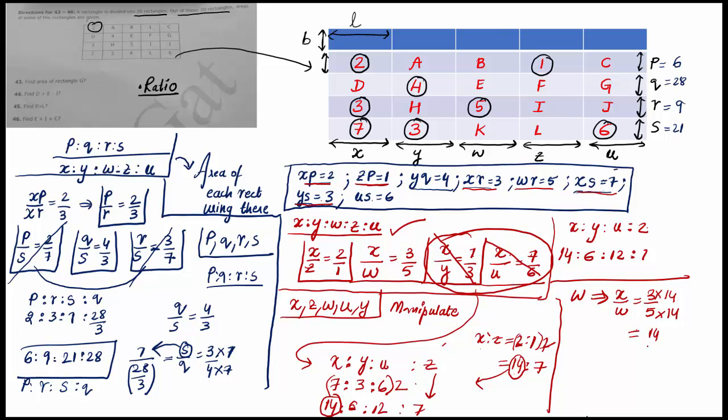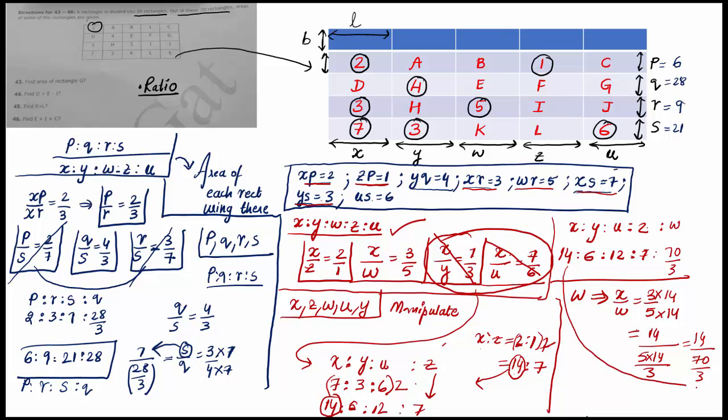So it is 5 into 14 by 3, right? 14 times 5 how much? It is 70 by 3, right? So if x is 14, w would be 70 by 3. So I can add one more ratio, which is 70 by 3.